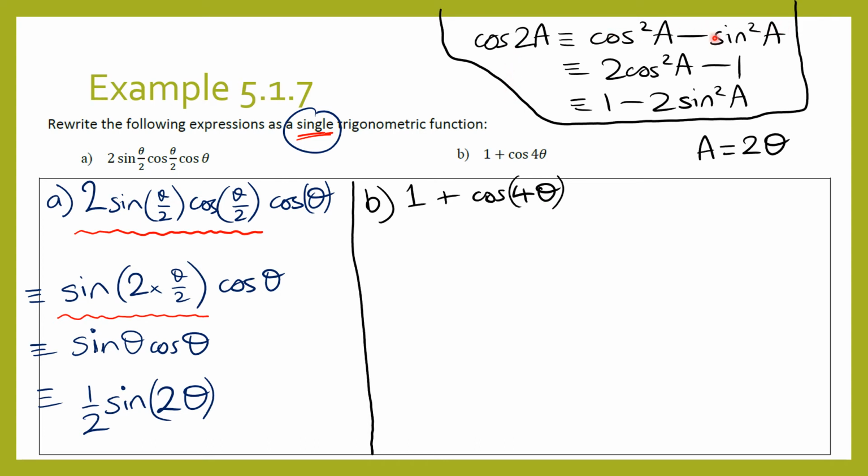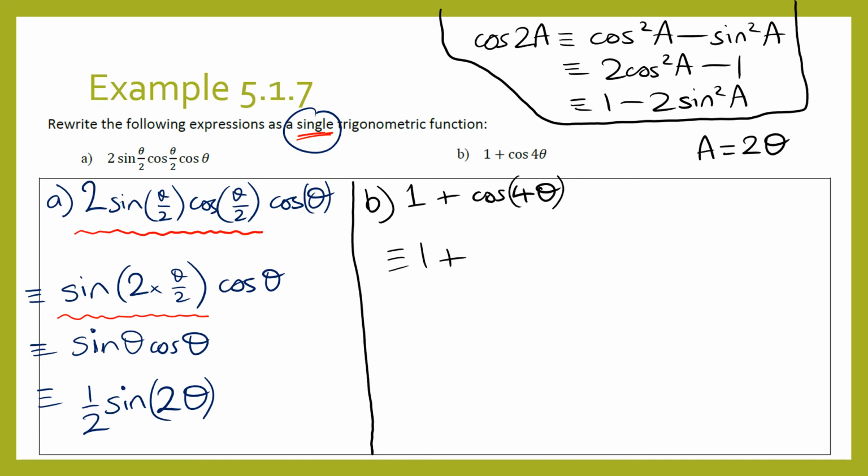So now we need to think which of these 3 is going to be most useful, and then replace A with 2 theta. But because we've got a 1 plus at the beginning, so 1 plus, for that reason, I'm going to choose the middle one.